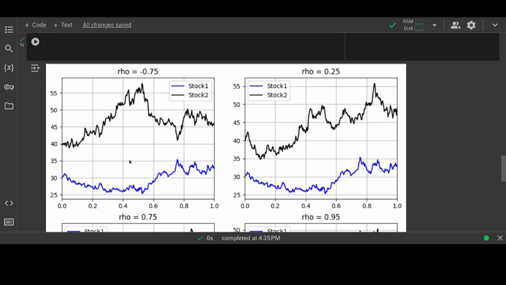That means when the first stock increases, the second stock decreases, and so on. For the second plot, rho is 0.25, there is a small relation, as you can see from the plot, and the third one with rho equal to 0.75.